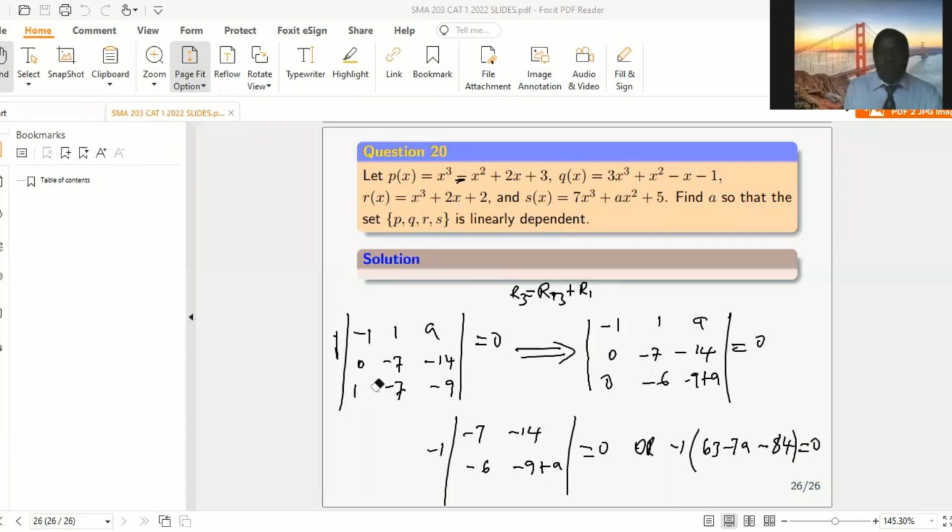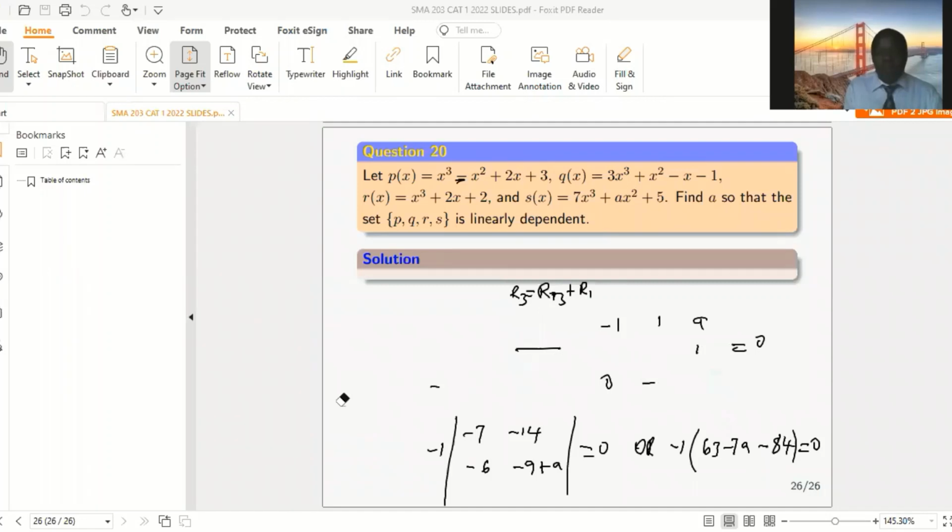So let's now create some space and do the final bits of this question. What I have is negative 1 into, inside the brackets, I have negative 7A, negative 21.